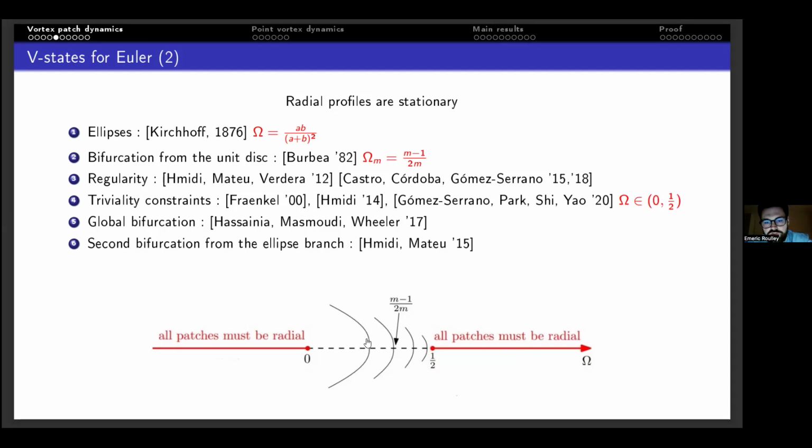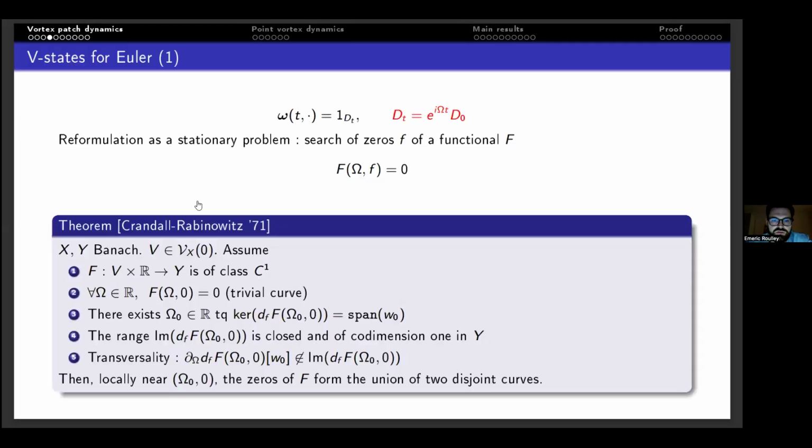Okay, and the construction of the curve here. So the conclusion of the theorem is locally near the point here in the abstract space. So you can ask also if you can find so-called large amplitude solutions, because if you are near to 0, so f is near to 0, and I recall that f was a perturbation of the trivial solution. So if you're a perturbation, you will have small amplitude, right?